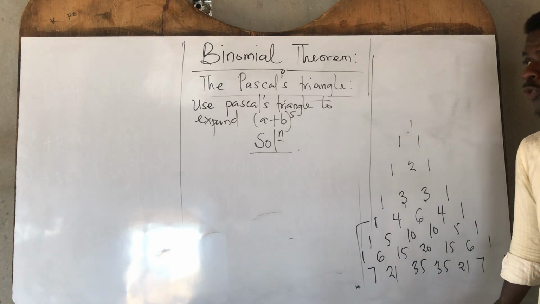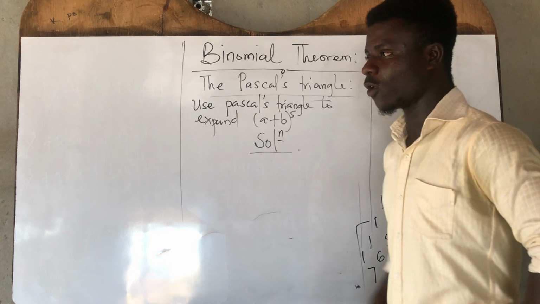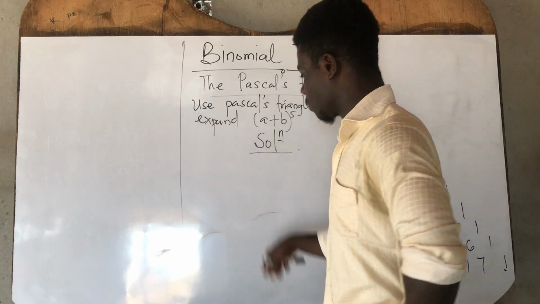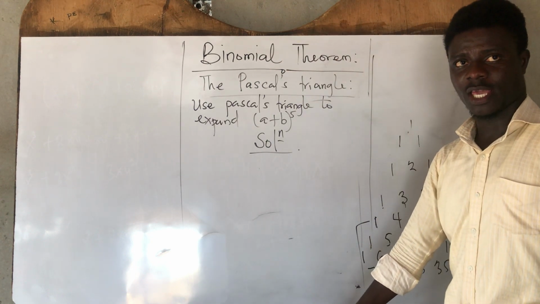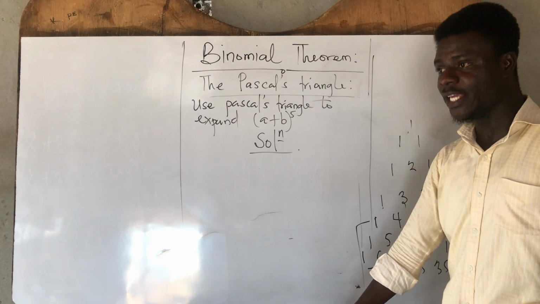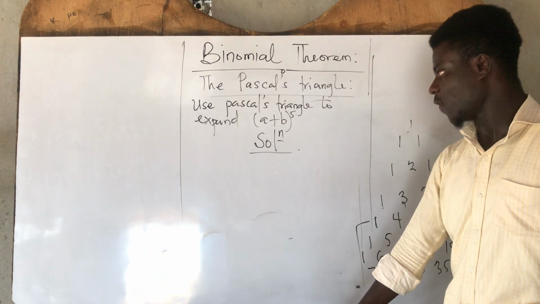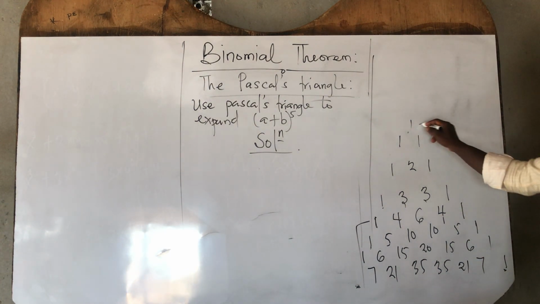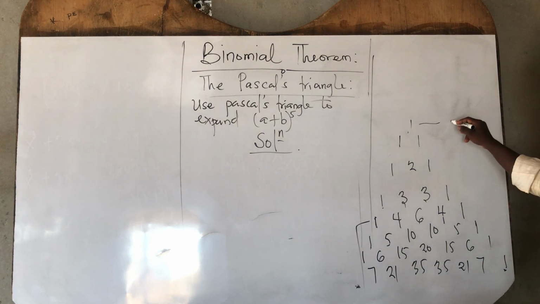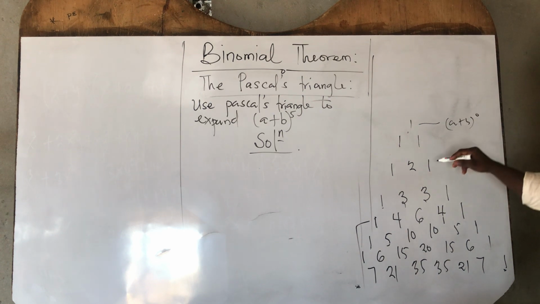So it means that you use the coefficients of the Pascal's triangle to expand this binomial expression a plus b to the power 5. So now, let's see the coefficient. This one is x plus y, or a plus b to the power 0. This one is a plus b to the power 1.